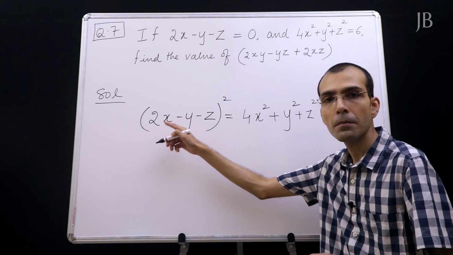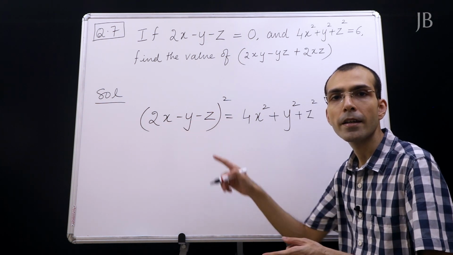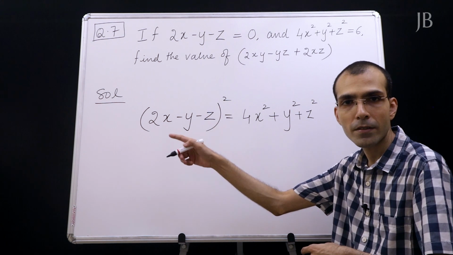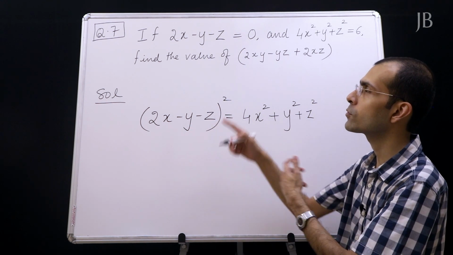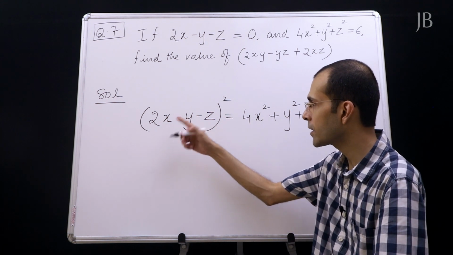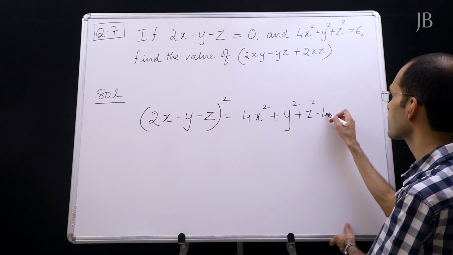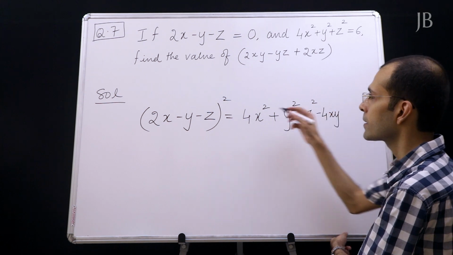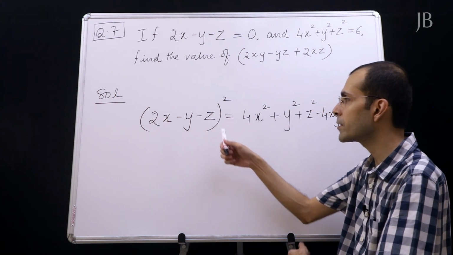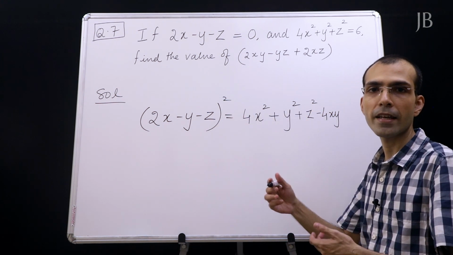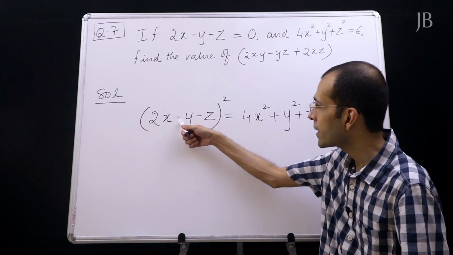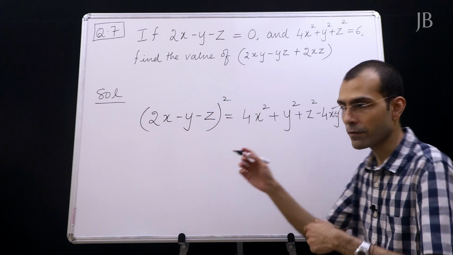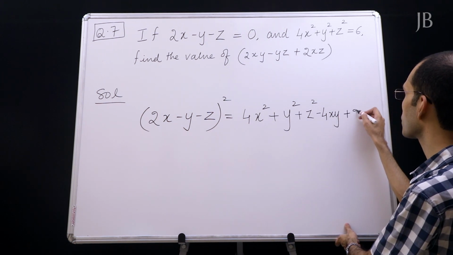Then first term into second term into 2. So 2x into y into 2, 4xy. Positive into negative is negative. So minus 4xy. Then second term into third term into 2. So y into z into 2, 2yz, adjust the sign logically. Negative into negative is positive. So plus 2yz.